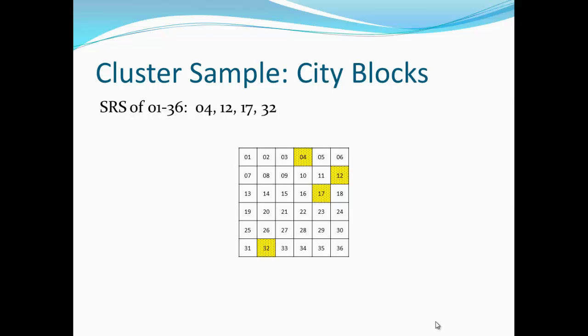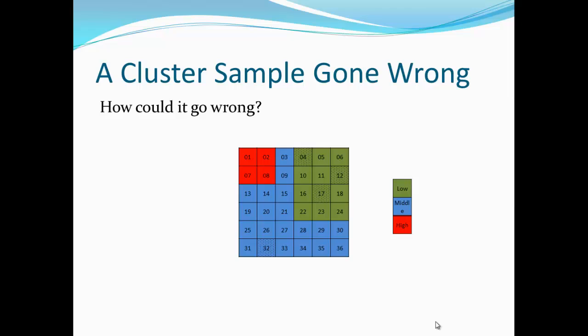It could, however, go badly if the blocks are not homogeneous. By that I mean that some areas of the city might be rather different from others. Suppose in terms of income, for instance, that we have 4 blocks of relatively high income area up here in the upper left, low income area marked over in this region, and the rest of the city is of moderate or middle income homes.